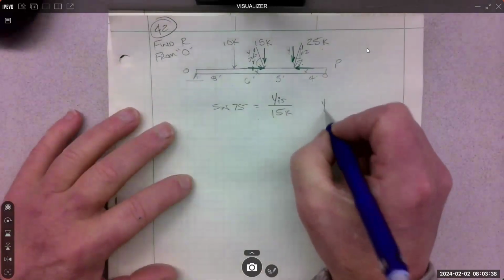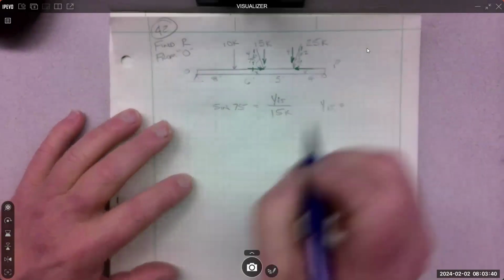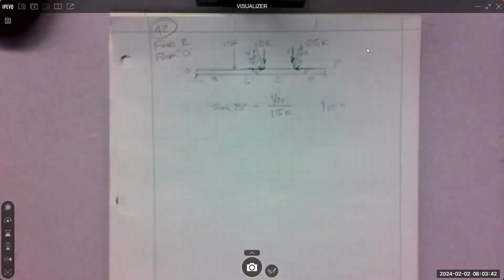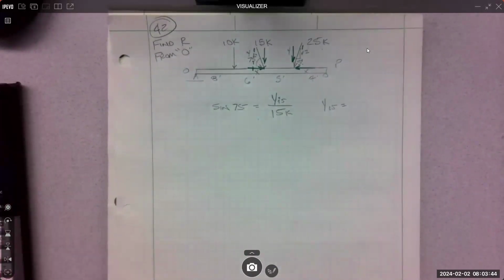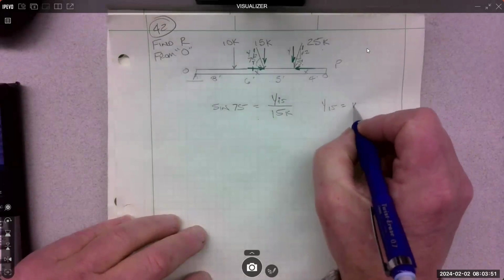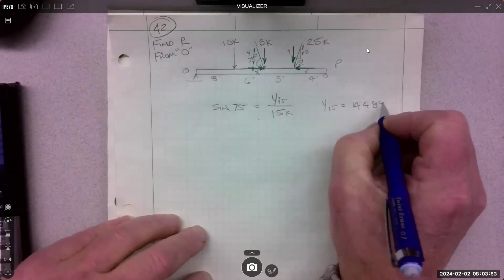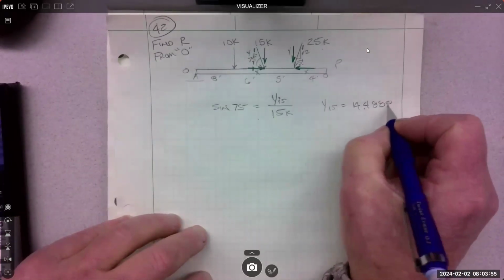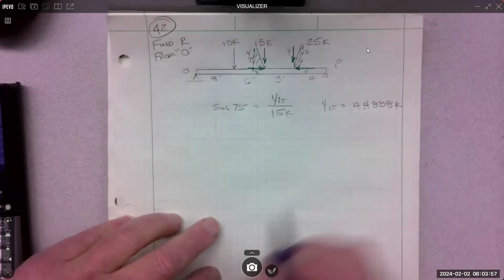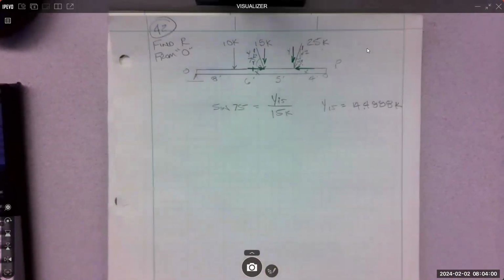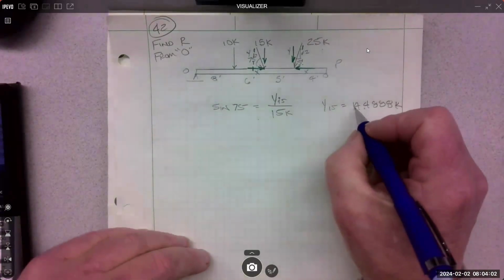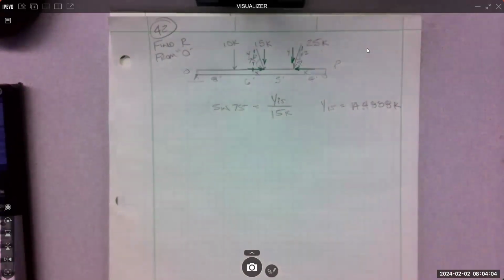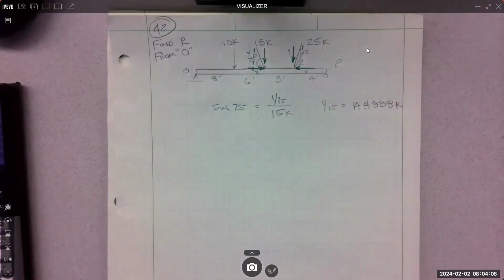So Y of the 15 would be 14,488. Okay, it's going down. You want to be careful with this step, because if you muck any of this step up, then it's just all wrong all the way through. So that's disappointing.